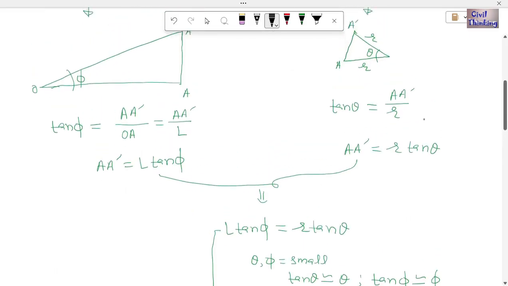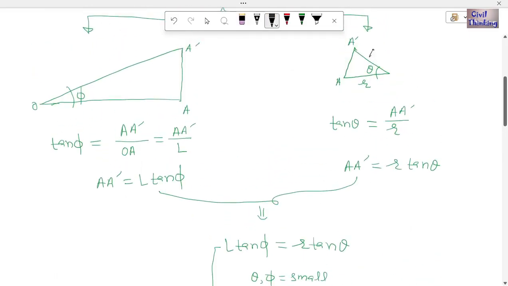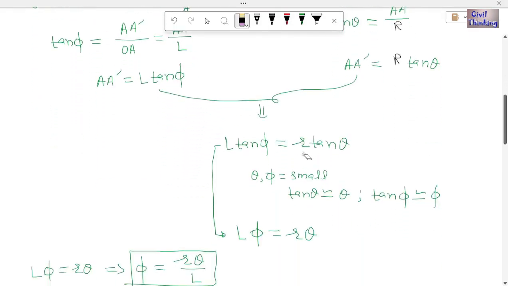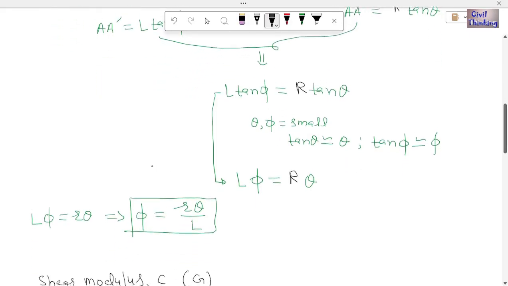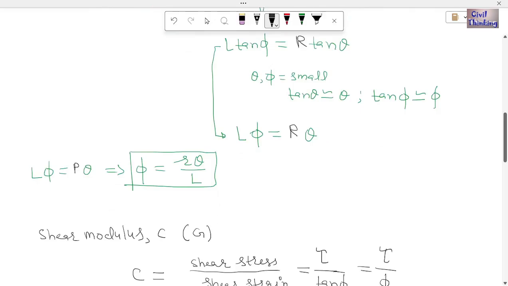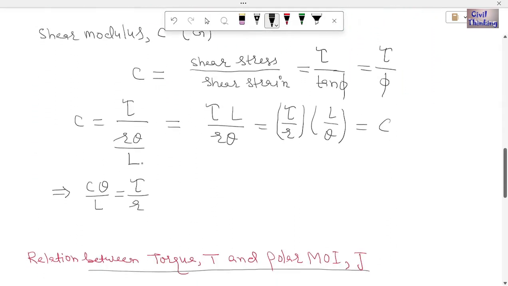So I have to write capital R here because it is very important. I will tell you why. So this is R, this is R, and this is R.